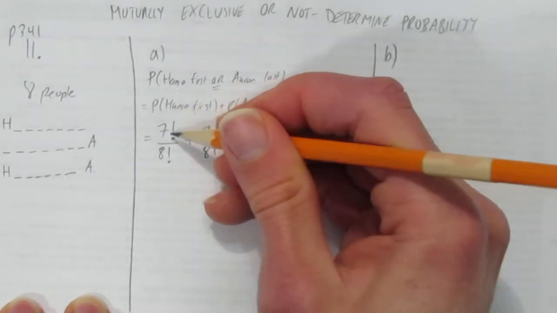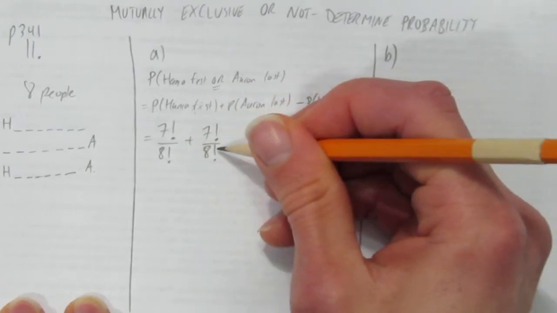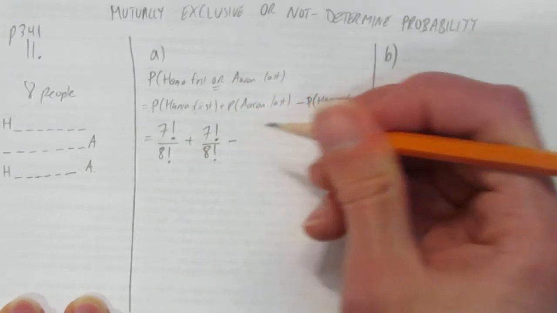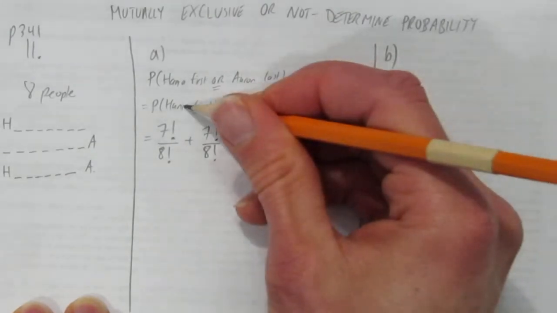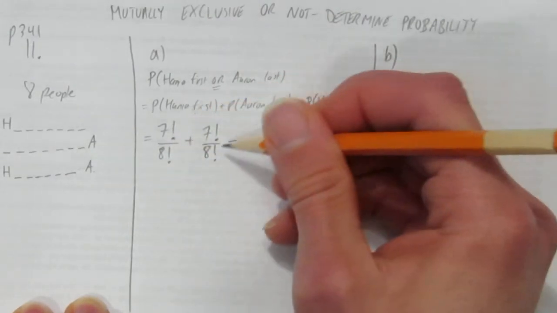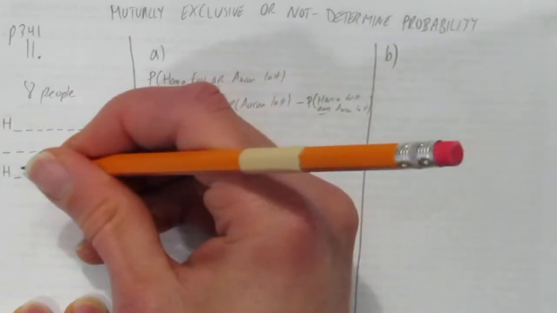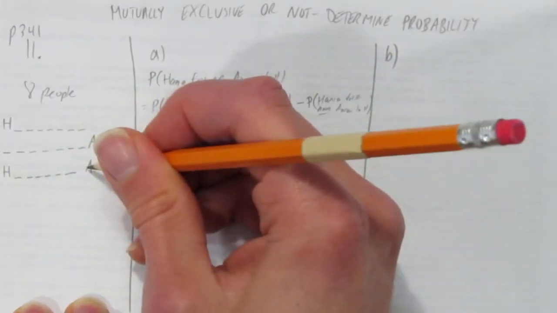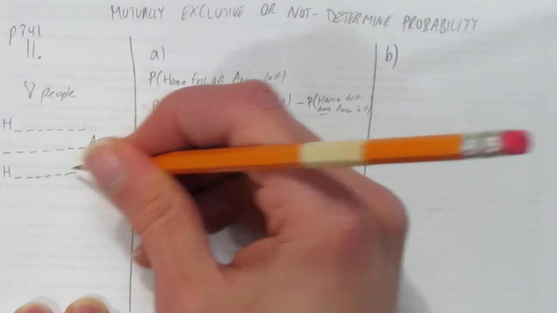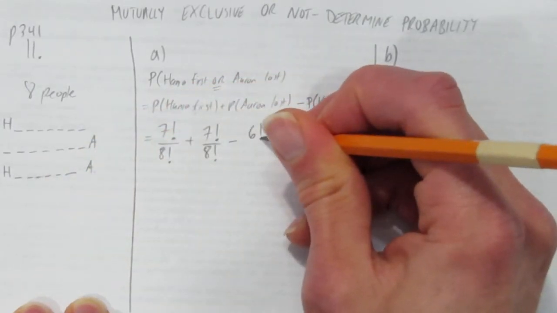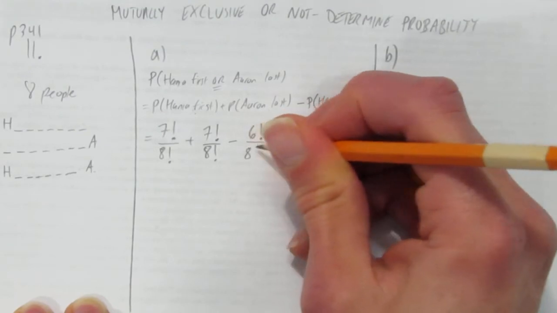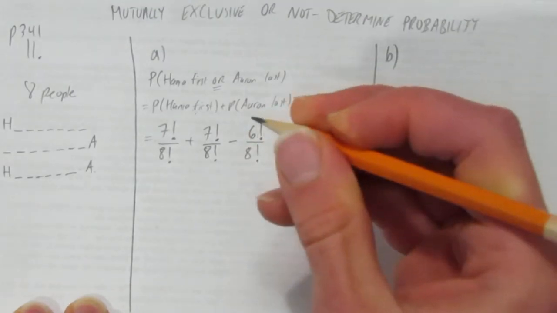So that's the probability of Hania being first, and that's the probability of Aaron last, but we've counted the case twice where Hania's first and Aaron last. We counted that in this first one, and we counted it in the second one, so we have to subtract the situation of Hania is first and Aaron is last. Well, the probability of that happening, that can happen 6 factorial ways out of a total of 8 factorial ways.